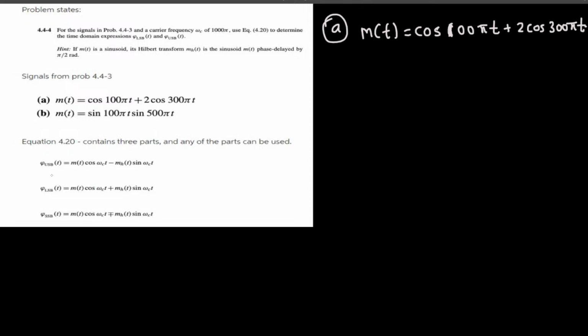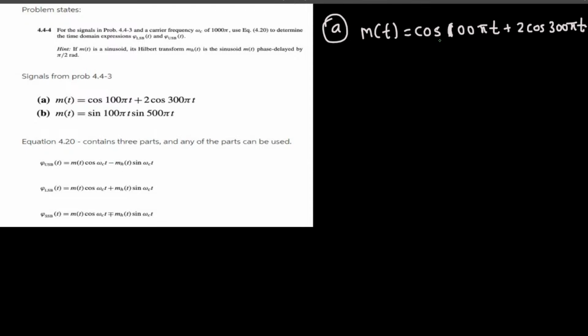Here you can see the time domain expression for the upper side band is given by m of t cos omega ct minus mh of t sin omega ct. Okay, that's time domain. And in order to express this, we have to find this Hilbert transform, that is mh of t.